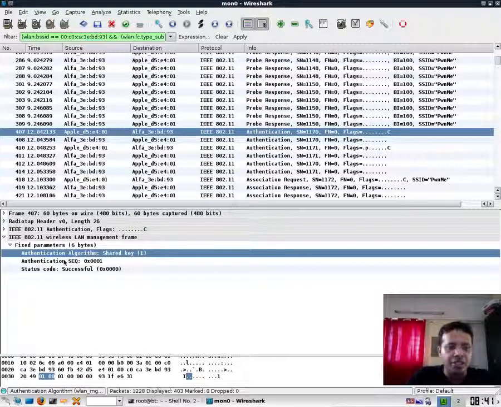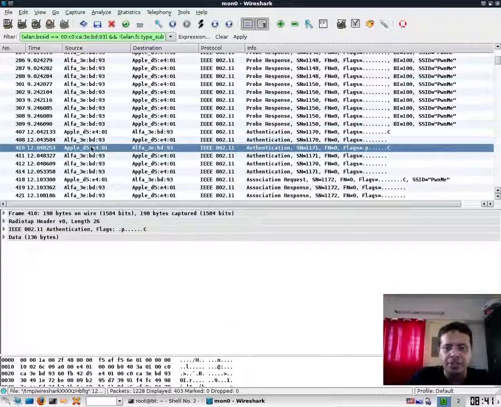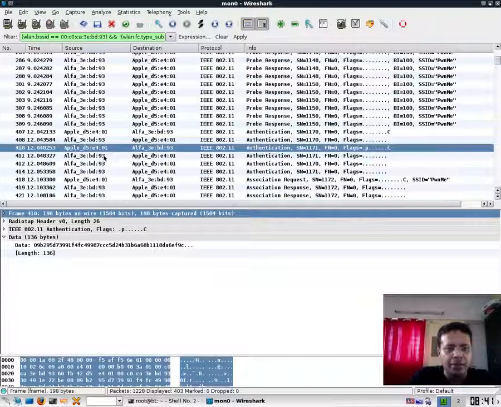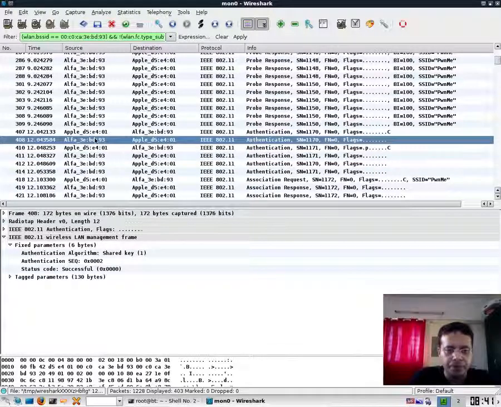So this is the first packet which is sent by the client, and to which we go ahead and send the second packet. The client sends the third packet, and after that we have the whole sequence where the encryption and everything happens perfectly, right?